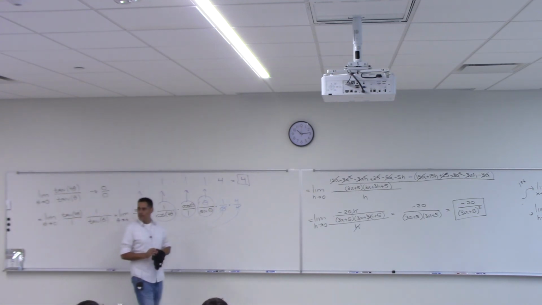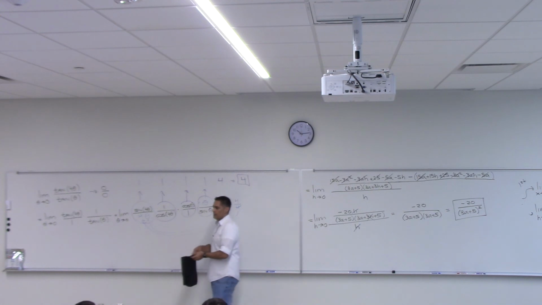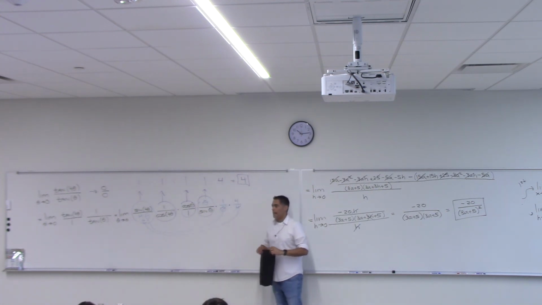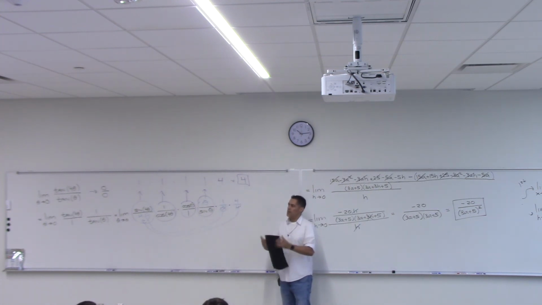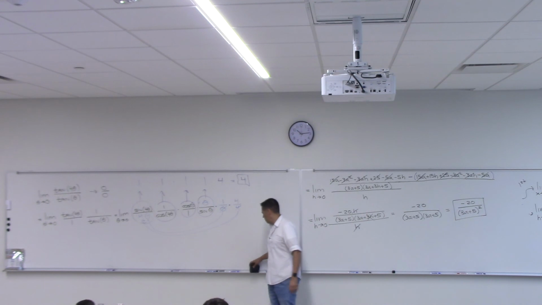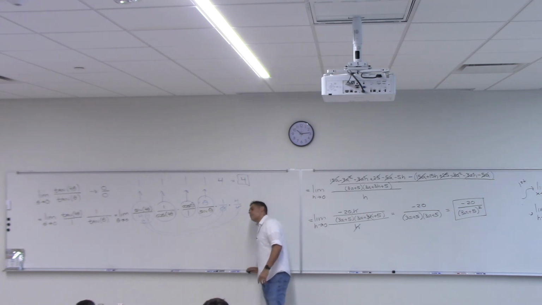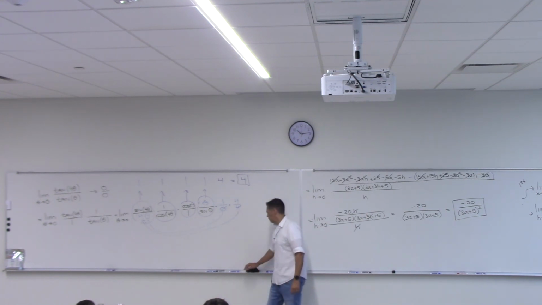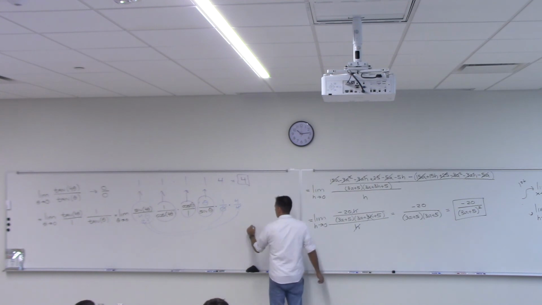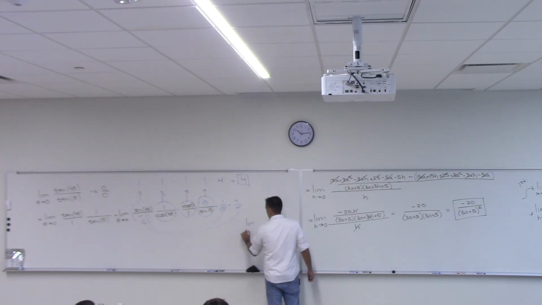Yes? Can you leave it in terms of tangent, though, if you understand that tangent theta over theta is also equal to 1? Is tangent theta over theta also equal to 1? Well, no, it is, but so can I leave it in terms of tangent? Because if you take tangent theta over theta, you've got sine theta over cosine theta times 1 over theta. You flip-flop them, and you get sine theta over theta times 1 over cosine theta, which is 1 over 1.